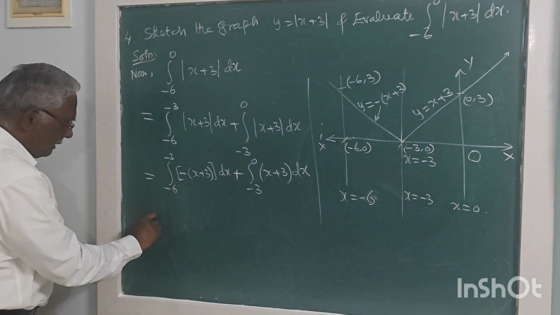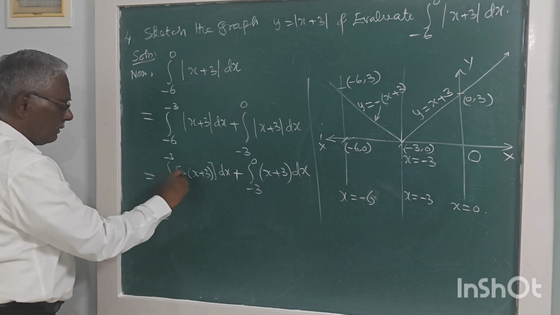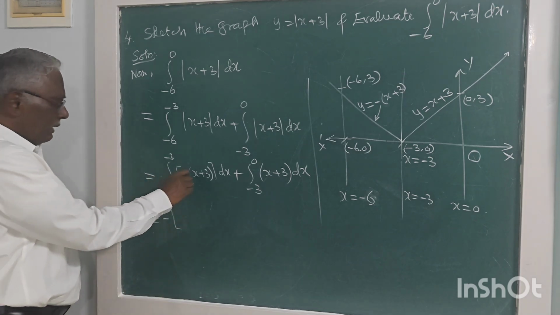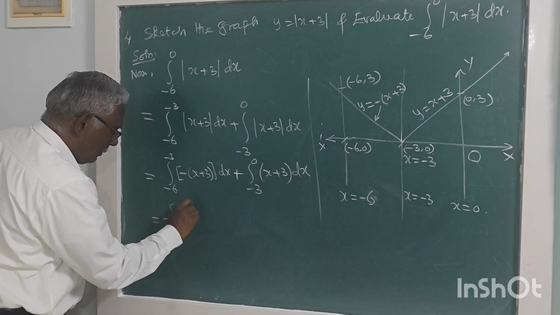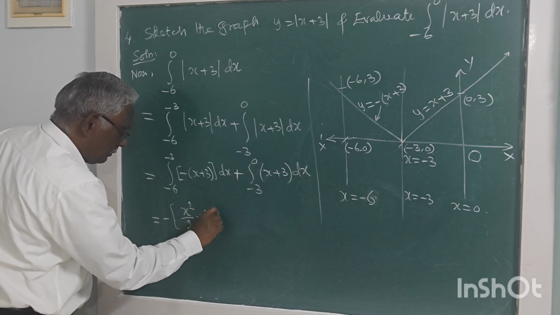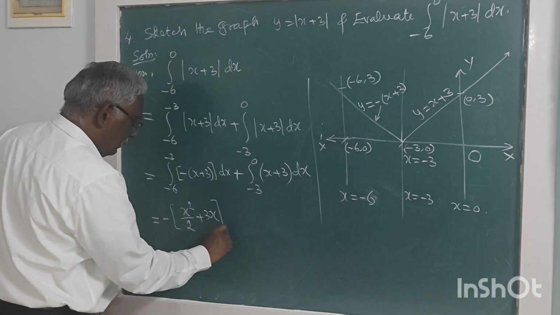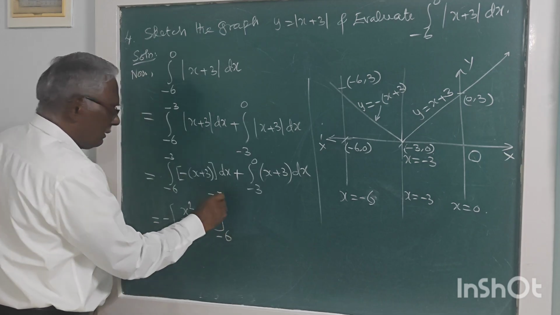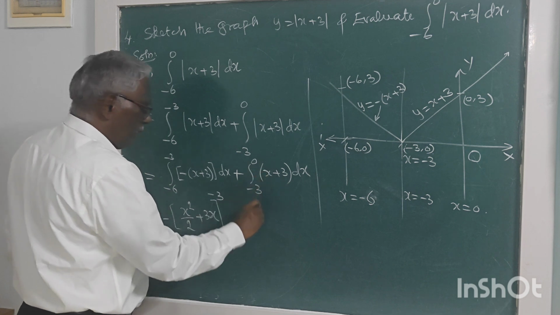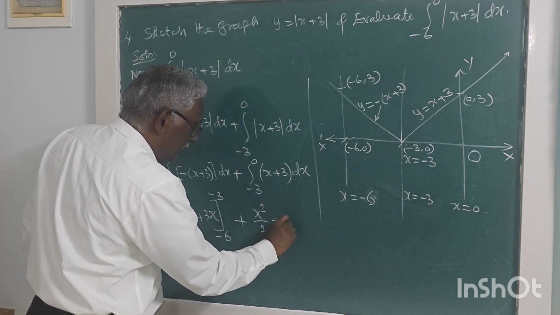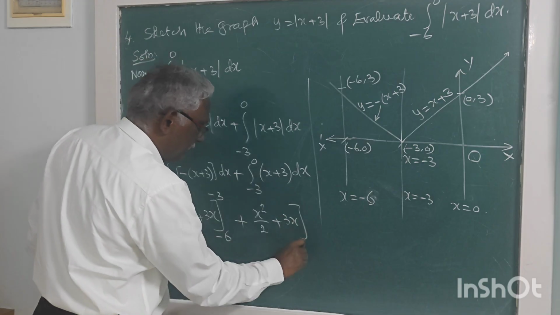Here we can take the minus sign outside. On integrating, we will get x square by 2 plus 3x, limit minus 6 to minus 3, plus again x square by 2 plus 3x, limit minus 3 to 0.